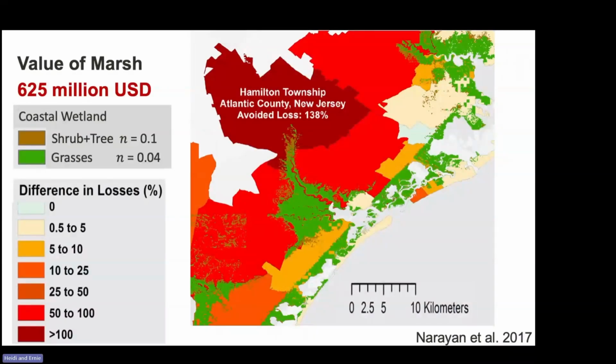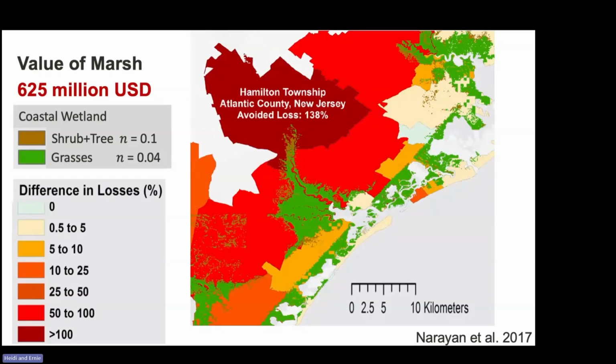The land cover was classified based on satellite imagery and assigned different values of Manning's N based on previous calibration studies. Marsh grass, which is shown here in green, was assigned a Manning's N of 0.04, and marsh with shrubs and trees was assigned a Manning's N of 0.1.